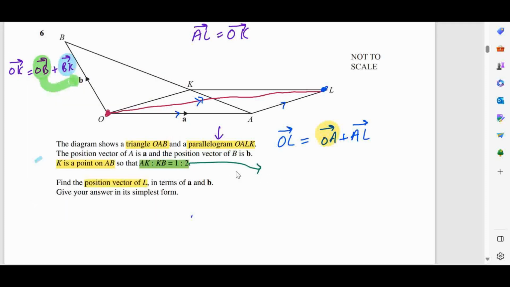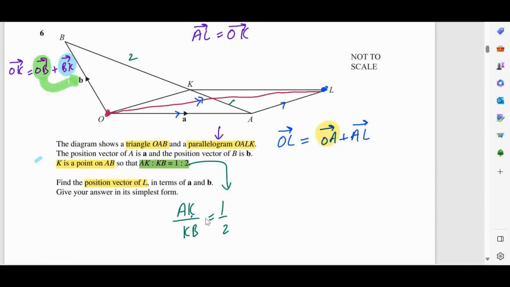This line means that if AK by KB is equal to 1 by 2, if AK is 1, KB will be 2.